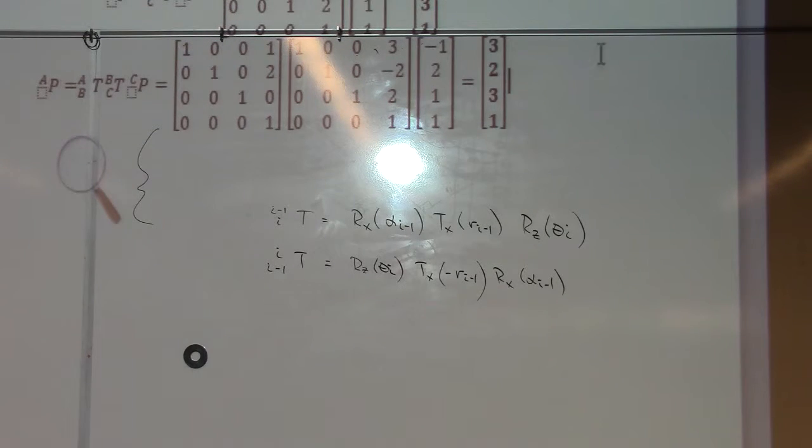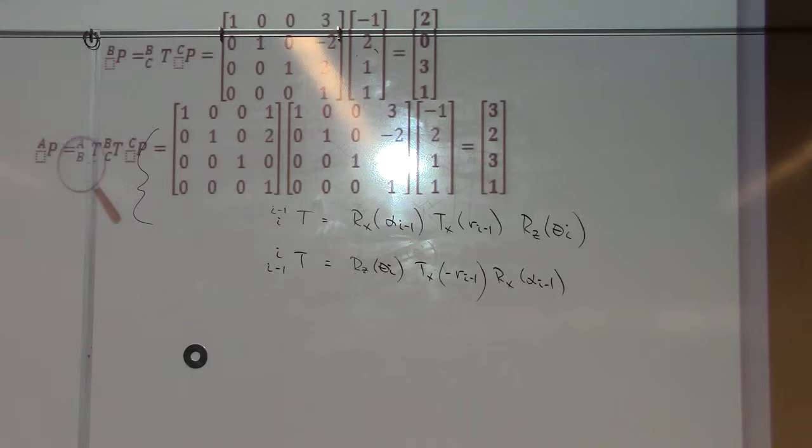Okay. I'm just looking at how we got position A: the translations for A to B and B to C would cancel the B's, and then the position C would cancel the C's, leaving only A. Exactly. And that's one of the convenient things about this notation.